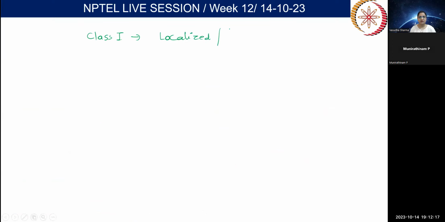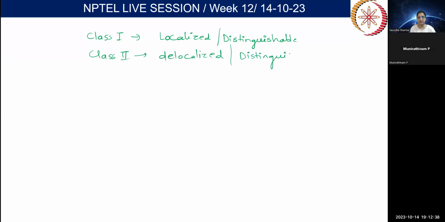So ultimately we ended up having class 1 as localized and distinguishable. Class 2 we have delocalized, that means transfer is happening, but they are still distinguishable because we can see the peaks of both iron plus 2 and iron plus 3.